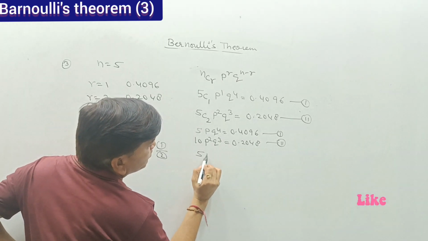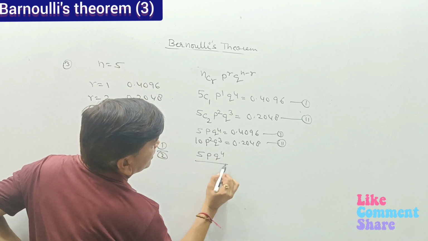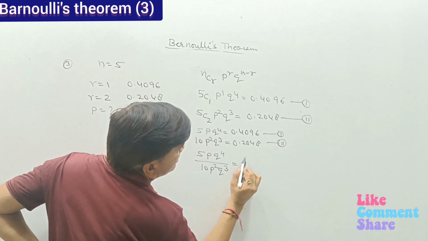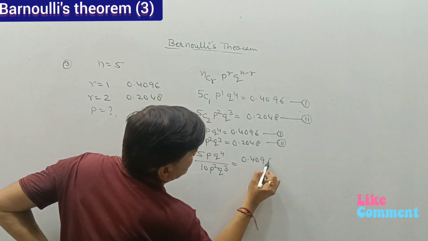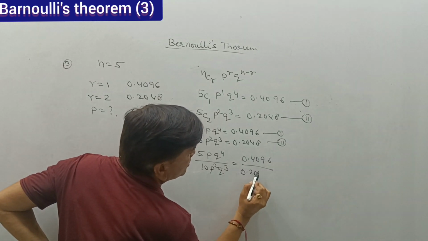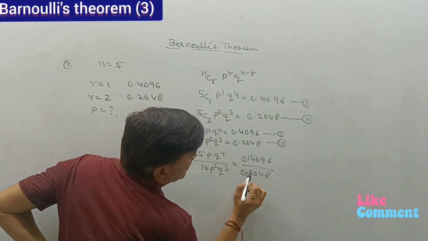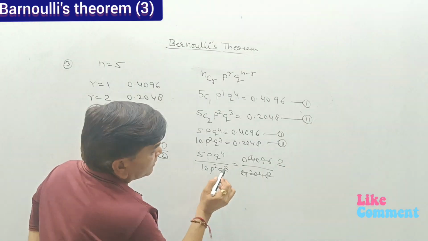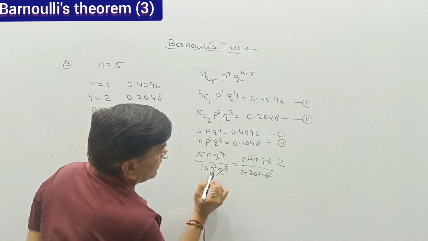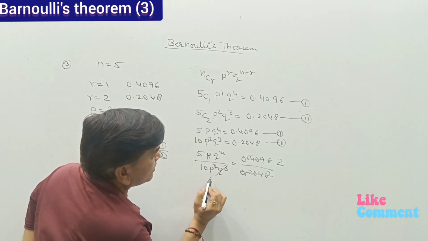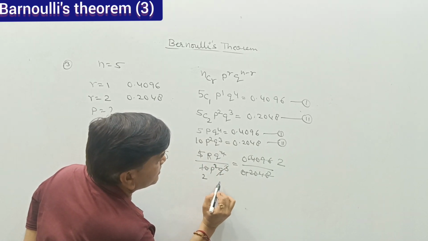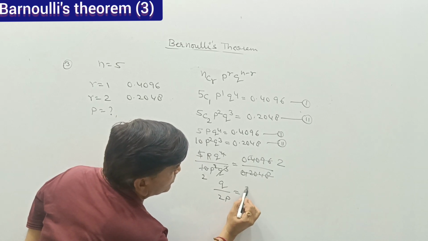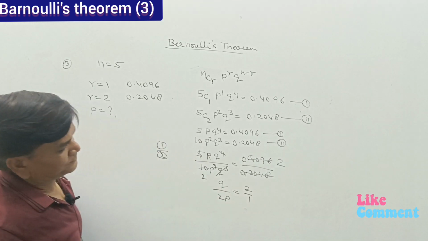So 5pq4 divided by 10p2q3 is 0.4096 divided by 0.2048. The decimals cancel, this gives 2 times. q3 cancels and p2 cancels, so q upon 2p is equal to 2 upon 1.